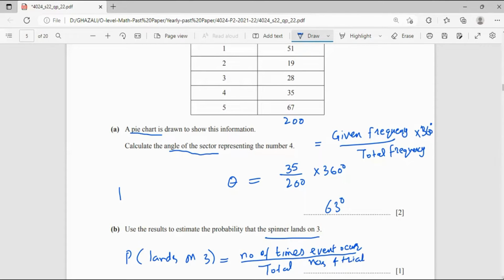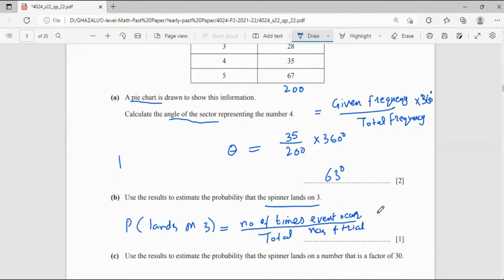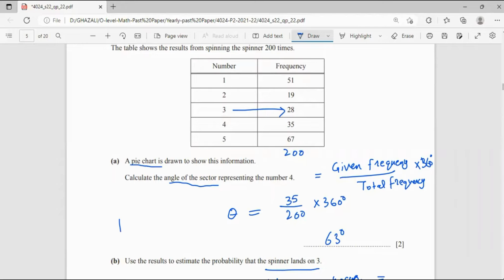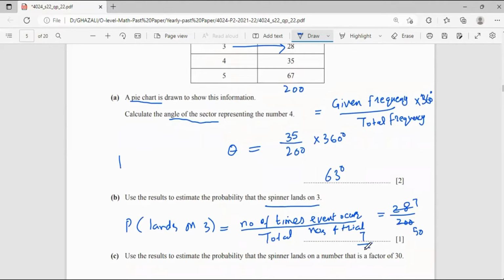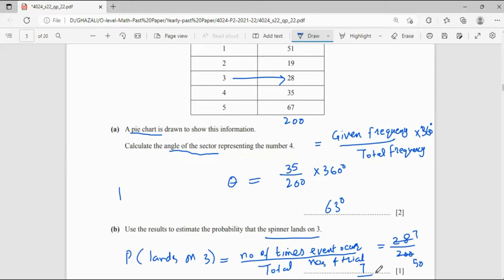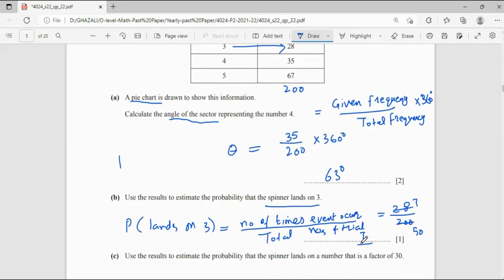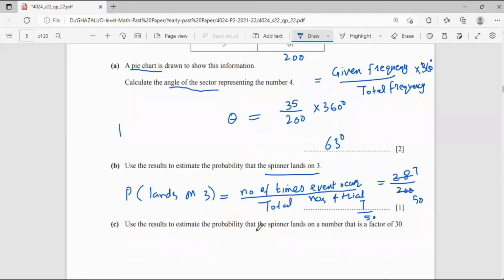Now the number of times the event occurs on 3 is 28 and total trials is 200. So 28 over 200. We simplify it. 4 7s are 28, 4 5s are 20, so 7 over 50 is the probability that the spinner lands on 3. Now go to the next part.